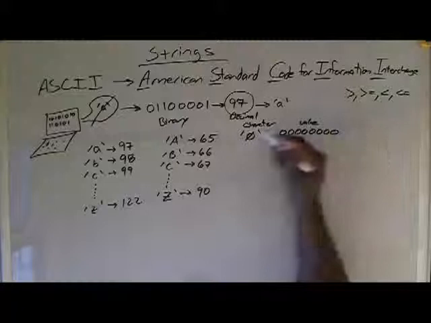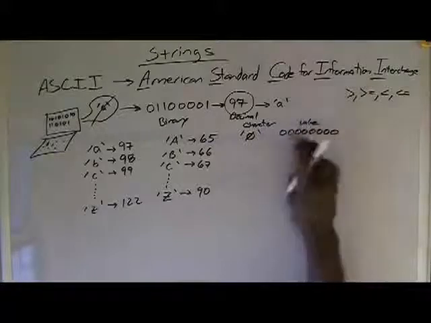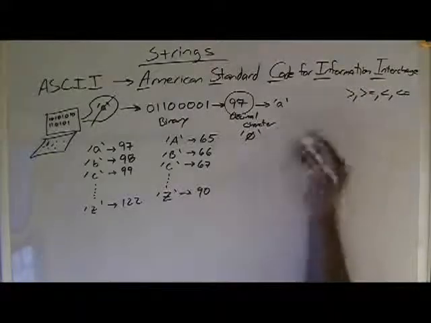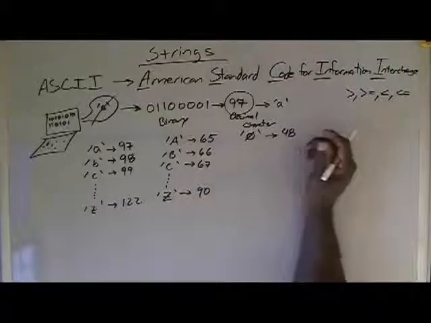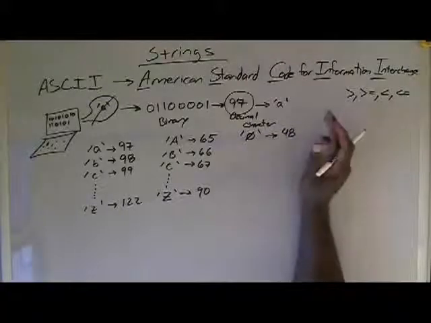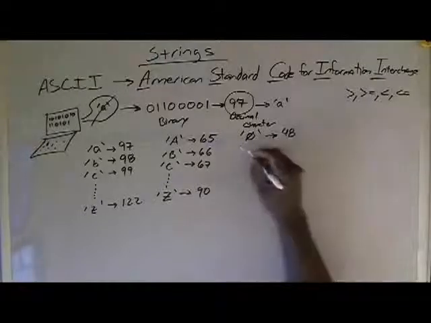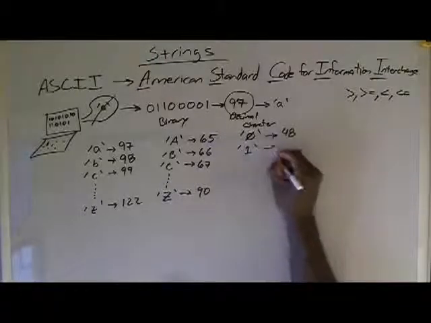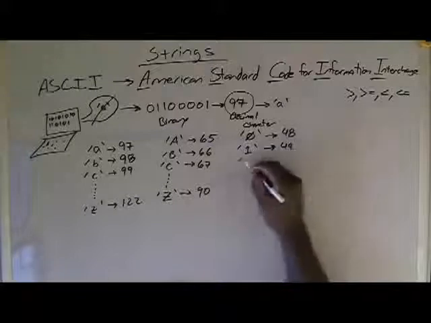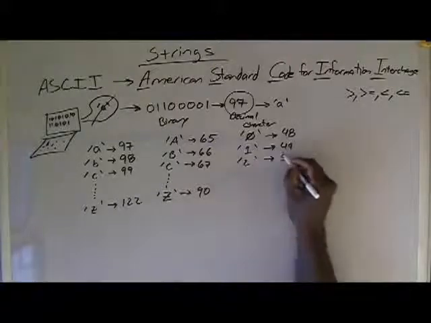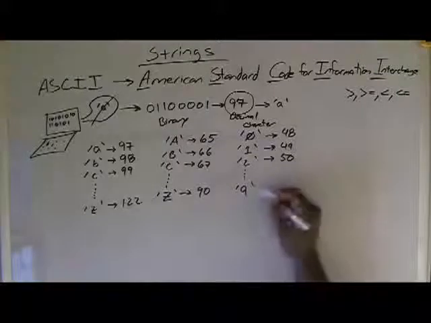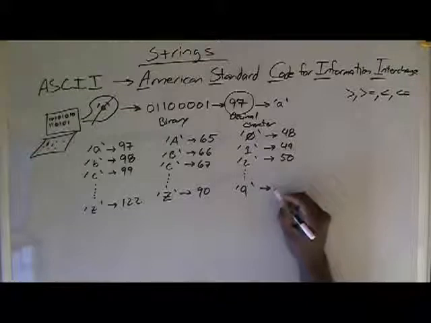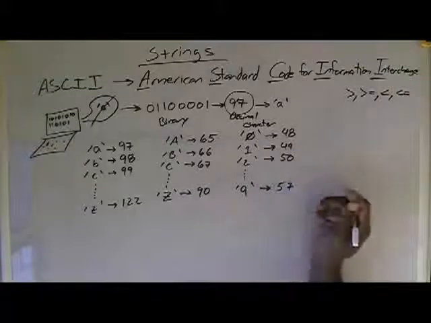It represents that as ASCII code 48. So the character 0 is actually ASCII code 48. Once again, character 1 is ASCII code 49. Character 2 is ASCII code 50, all the way down to the last digit, which is 9, which winds up being ASCII code 57.